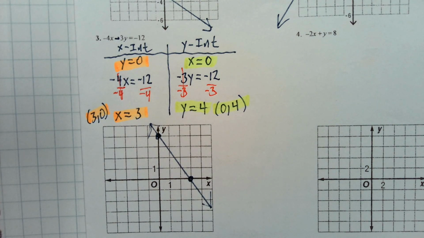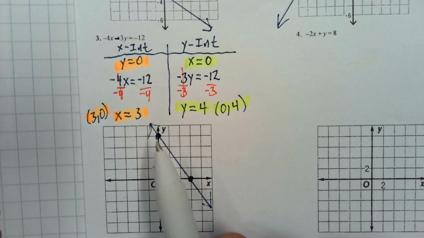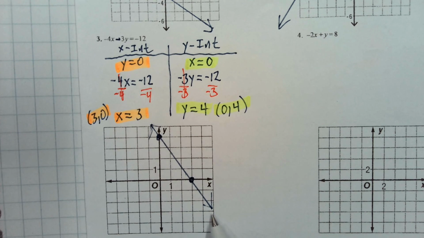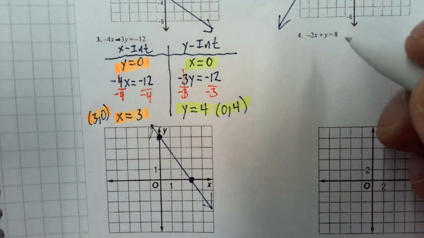Okay. Remember the line should go all the way across, and you should put arrows to indicate that it goes on forever. Okay? All right. So I want you to try this one.